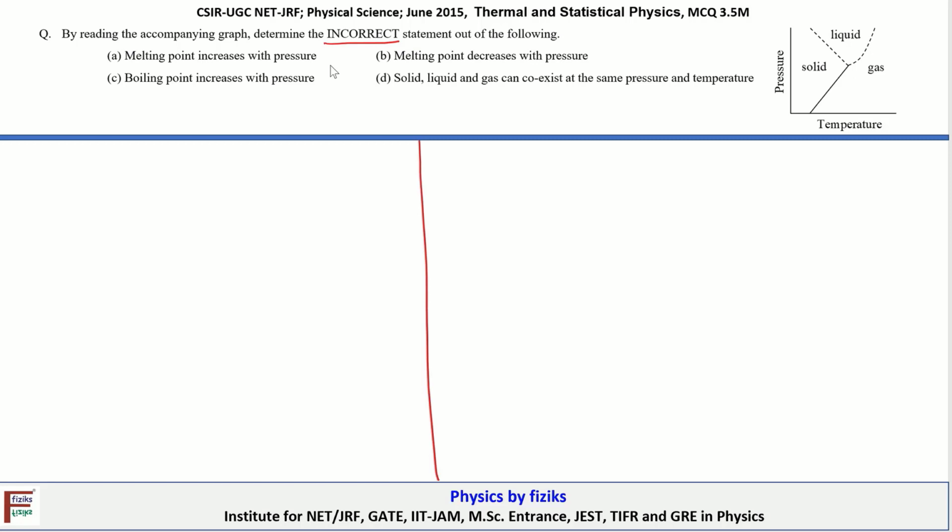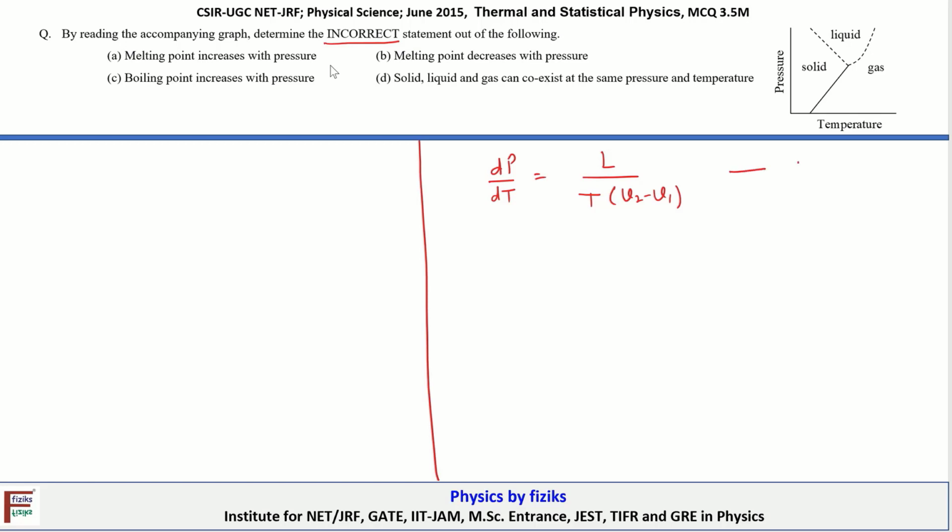If you take a look at the Clausius-Clapeyron equation, that is dP/dT equal to L/(T(V2 minus V1)). Here V2 and V1 are the specific volumes: V1 corresponds to the initial phase and V2 is the specific volume of the phase after phase transformation.